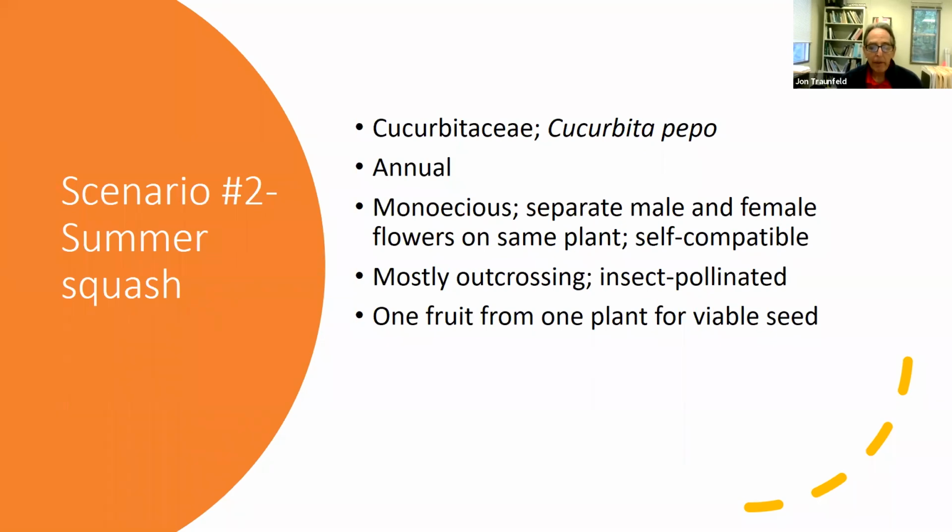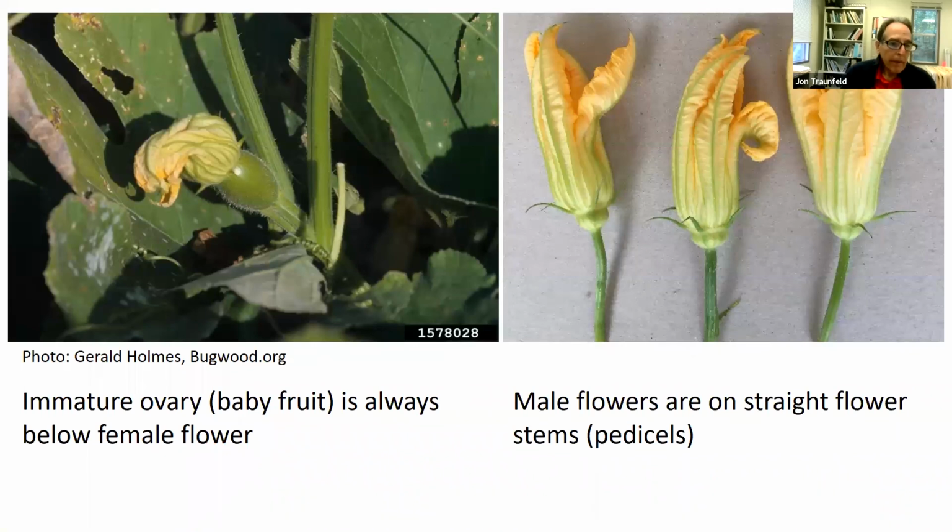It is self-compatible, which simply means that if we have one summer squash plant, flowers can be pollinated from flowers on that same plant. The pollen doesn't have to come from a separate plant. We can definitely get outcrossing because it is insect pollinated, and we only need one fruit from one plant to have viable seed.